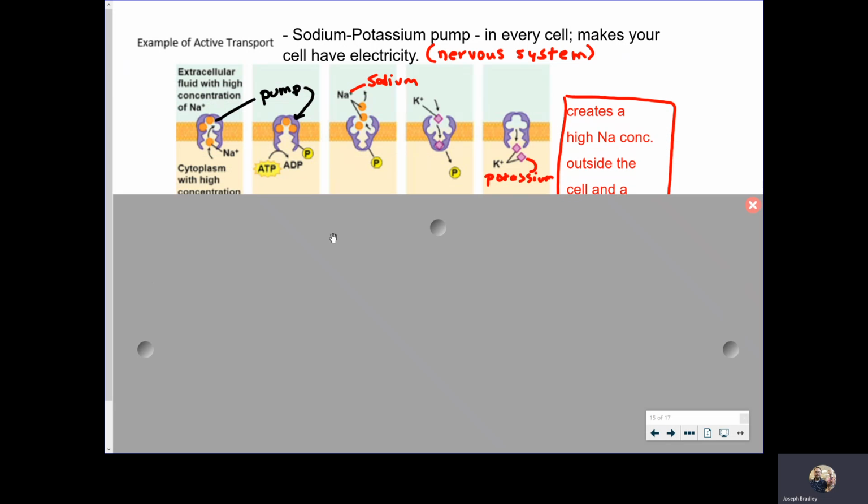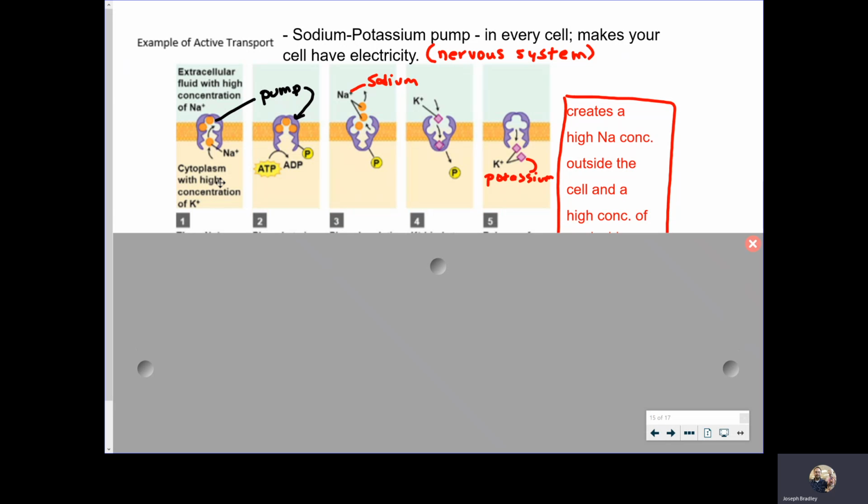It starts with sodium attaching to this pump, and then ATP attaches a phosphate to the pump, and that causes it to pump the sodium out. Potassium comes in, and the phosphate group detaches. You don't have to know all that stuff. All you need to know is ATP is used, and it moves materials against the concentration gradient.